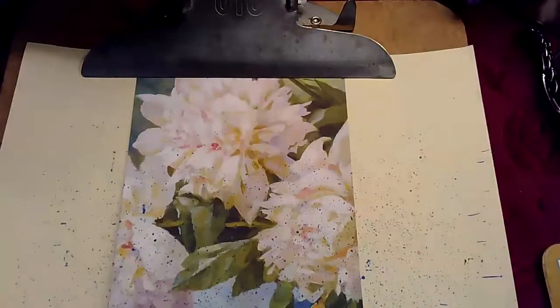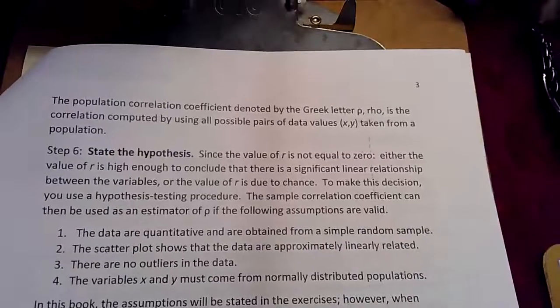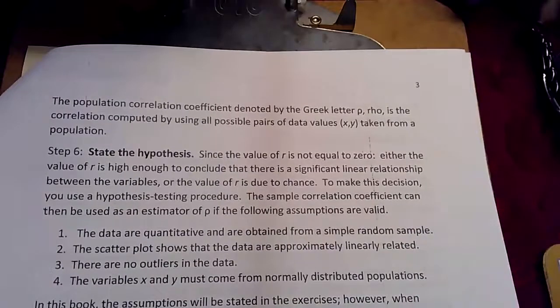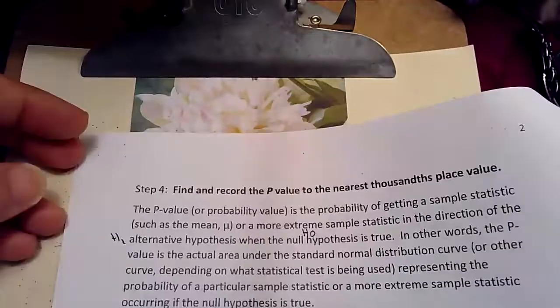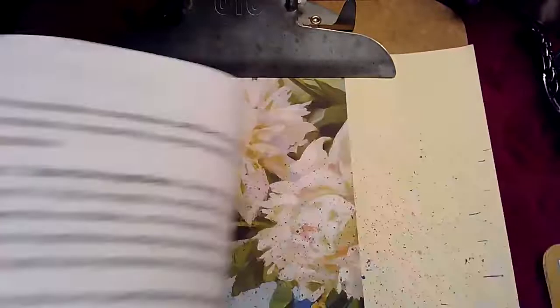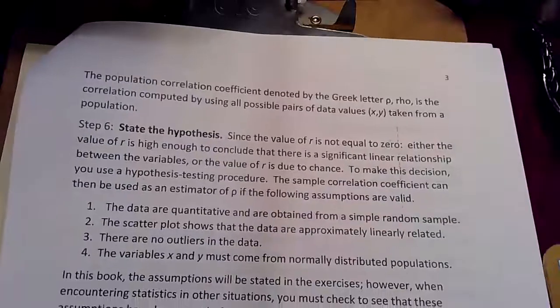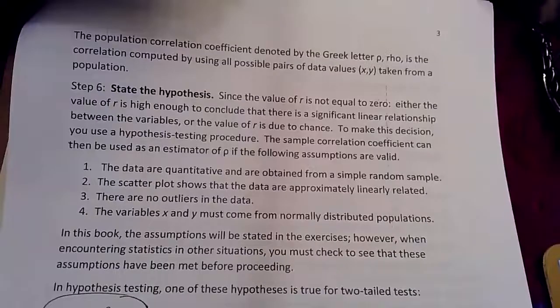Okay, so let me read the information about the hypothesis on this handout right here. So, okay, we're talking about the population coefficient rho. Okay, so we haven't recorded that yet, but that's this. So I'm going to hold off on that sentence. Let's see. But let me go to step 6 though. Okay. State the hypothesis.